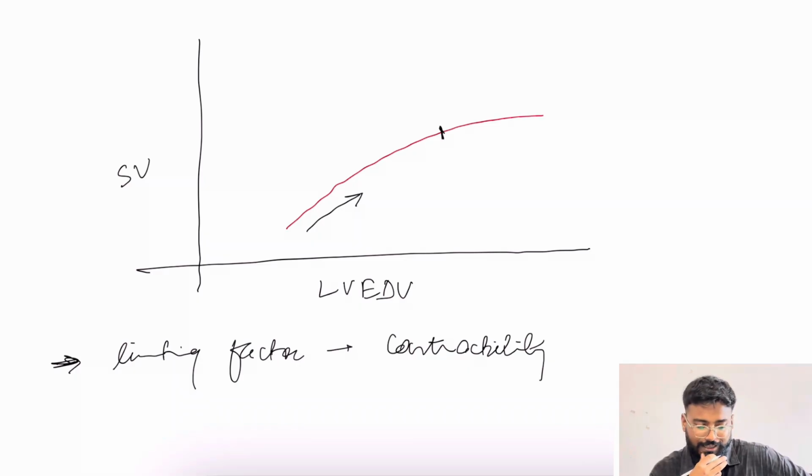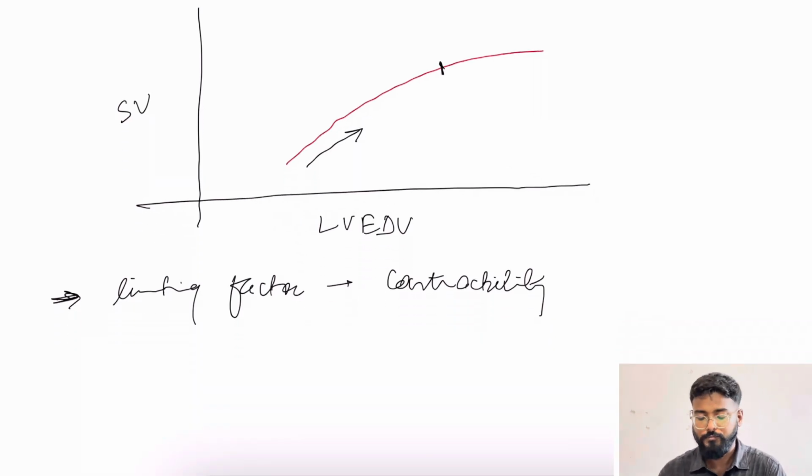How? At the physiological level, the ventricles have a limit. They can contract to a certain limit; they cannot contract beyond their capacity. So contractility is the factor which is going to limit the stroke volume, independent of increase in left ventricular end diastolic volume after a certain extent. That is because of your contractility.